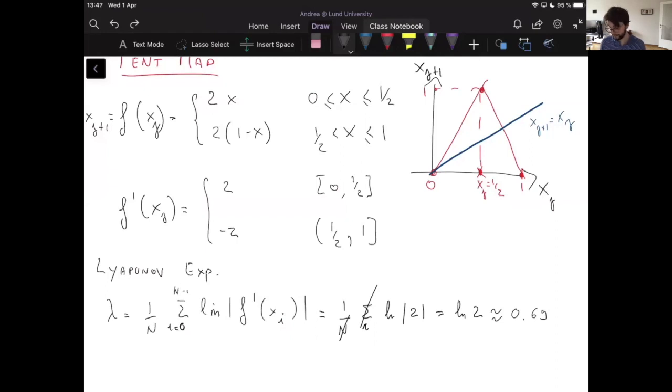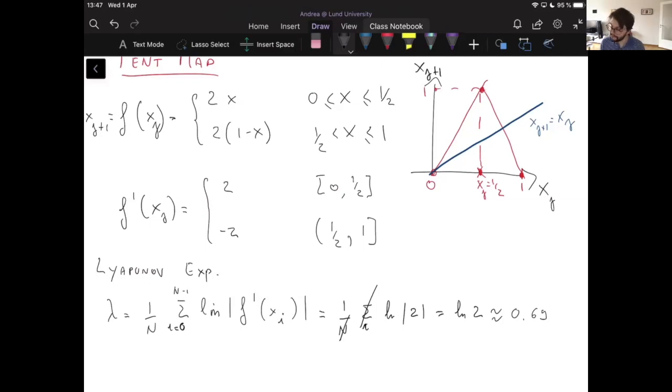The point is that while chaotic systems are ergodic, you end up exploring everything, and you risk encountering the stable point. But the stable point is, apart from 0, really only one point.